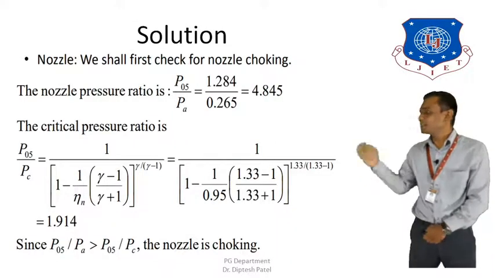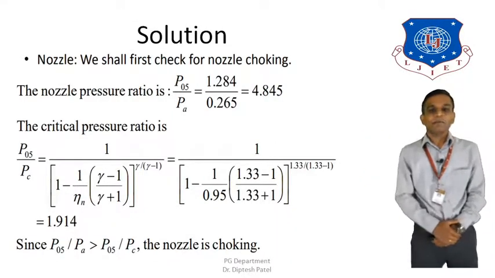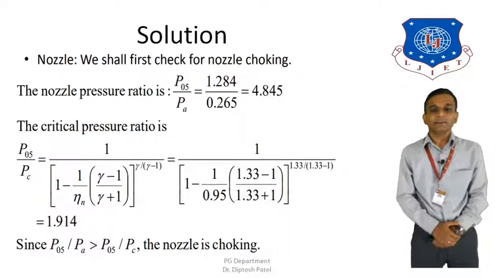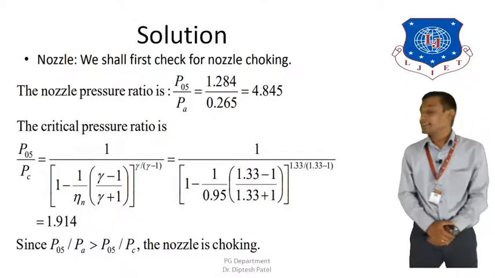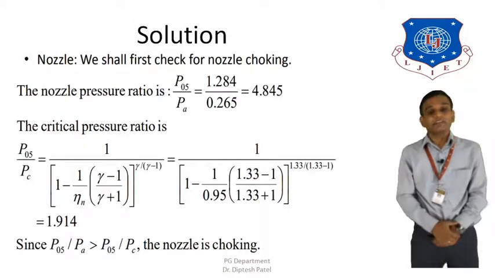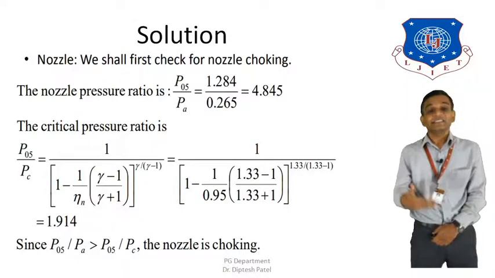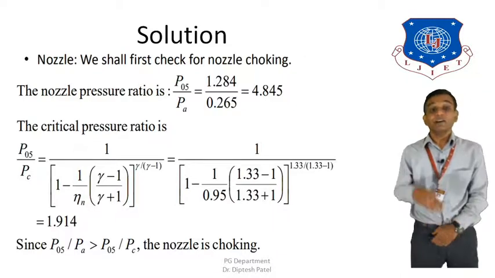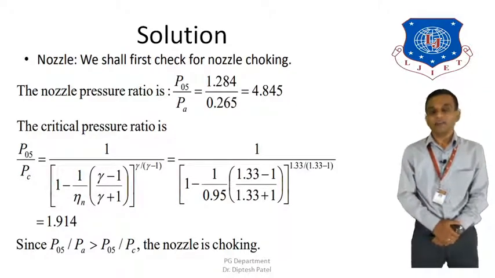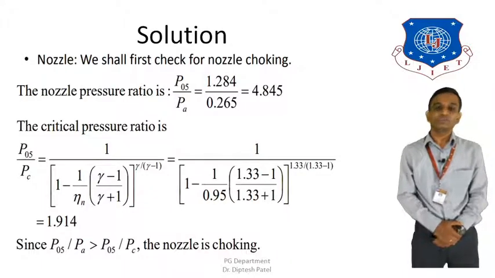Let's put the values: 1 upon 1 minus 1 upon 0.95 inside the bracket 1.33 minus 1 divided by 1.33 plus 1, raised to 1.33 divided by 1.33 minus 1, and that is 1.914. So since the nozzle pressure ratio is higher than the critical pressure ratio, I should be able to say that the nozzle is choking.